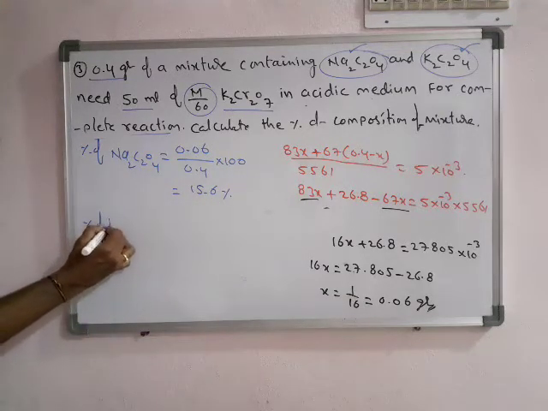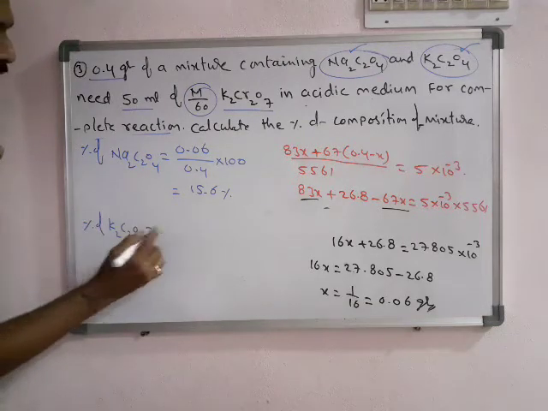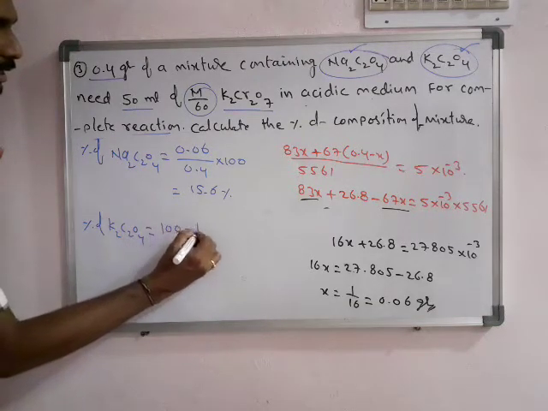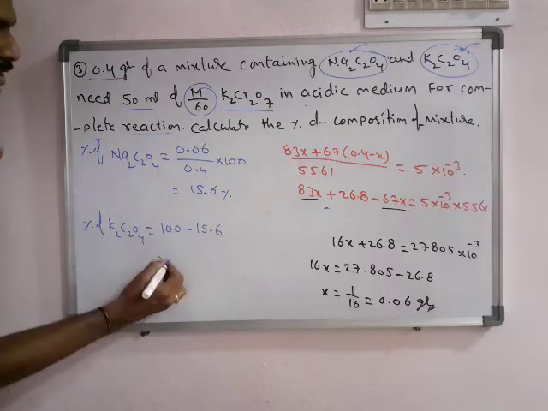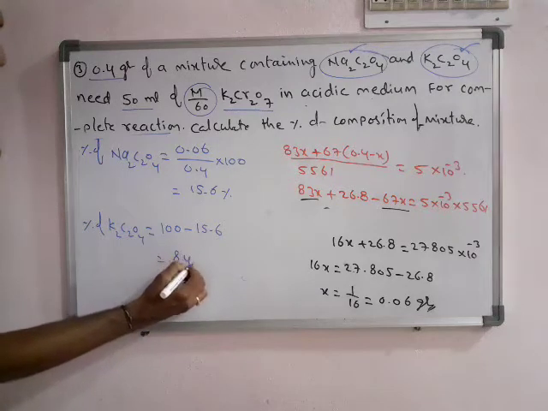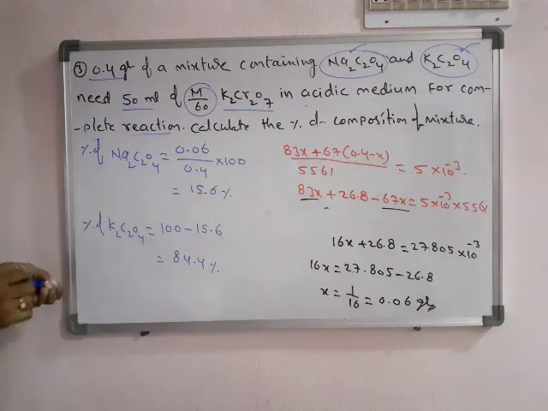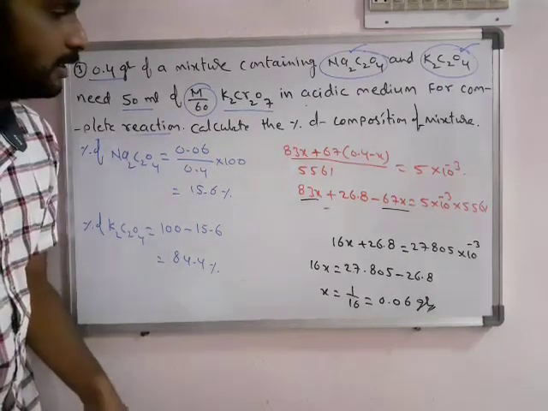Then the percentage of K2C2O4. There are only two compounds. Percentage in total is 100. So by removing that percentage, finally we will get 84.4% for potassium oxalate.